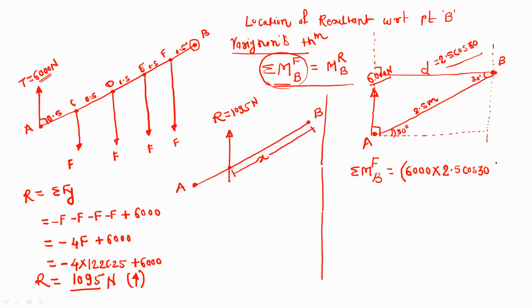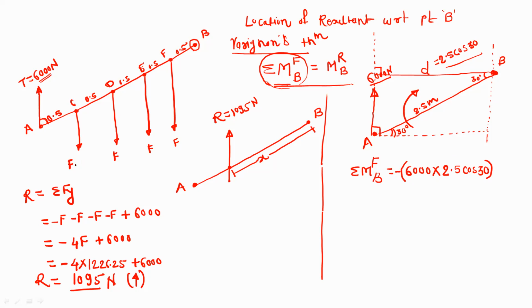And this moment is in the clockwise direction. If you fix the point B and apply the force 6000 Newton, then that force will rotate this complete system in the clockwise direction. Therefore, we have to take this as minus 6000 into 2.5 cos 30.